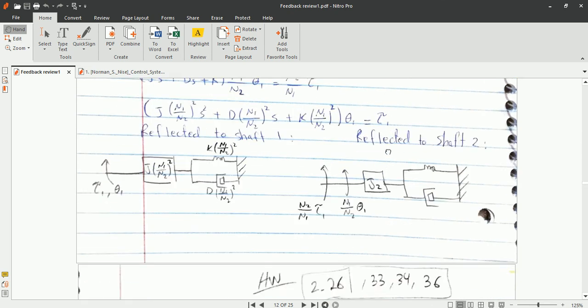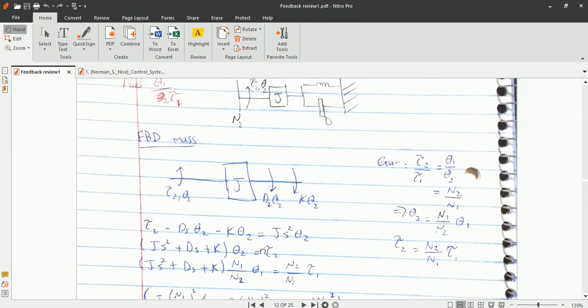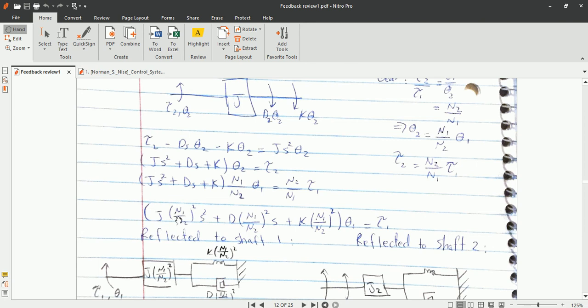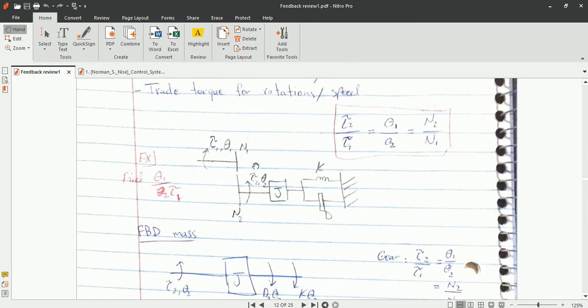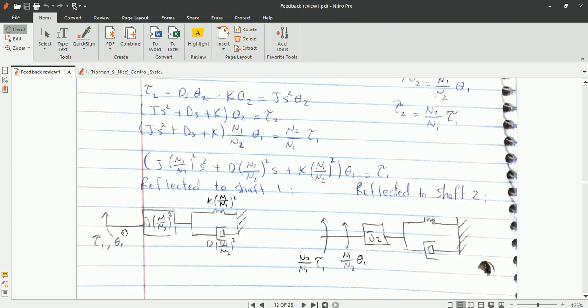So the transfer function theta 1 over tau 1 will be the reflected j, reflected d and reflected k. Simple. You just reflect these things towards left and then apply the simple theorem. I will make it very simple ahead, don't worry. So j into n1 over n2 whole square.